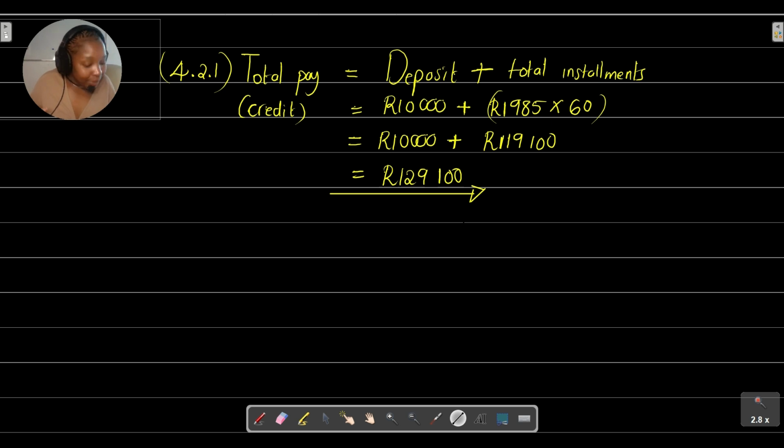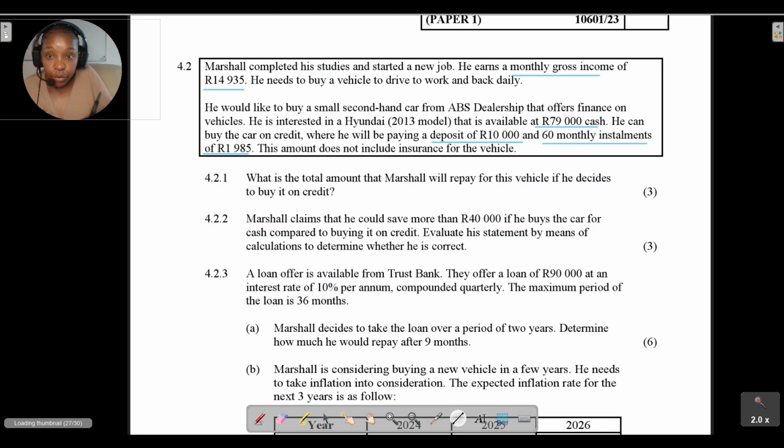That basically means that 129,100 minus 79,000, he's going to be actually paying 50,100 more for this car if he decides to buy it on credit. So that's a lot. You just need to think along those lines: how much interest is he actually paying? He's paying 50,100 interest towards his car when he buys it on credit.